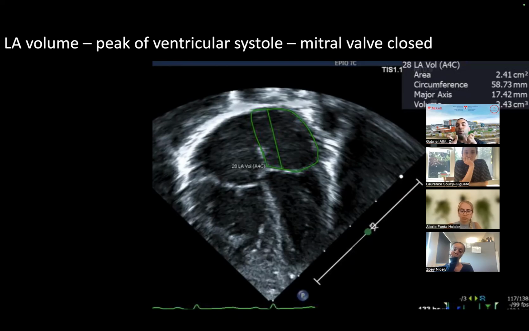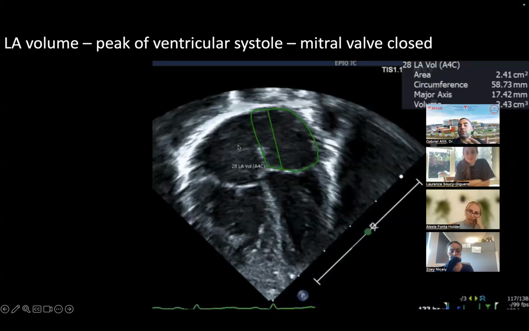The other thing, if you have poor LV compliance, if it becomes very, very stiff, then obviously when your mitral valve is going to open, the relaxation properties will be impaired and your LV end diastolic pressure may be higher, and your LA may not be able to empty out into the left ventricle as well, because the LVEDP is higher. And so the atrial mechanics are highly dependent on the underlying ventricular compliance.